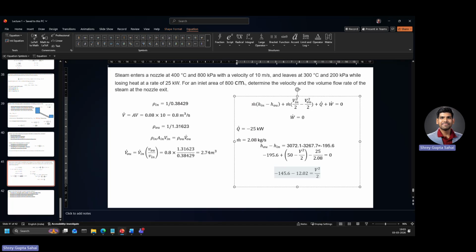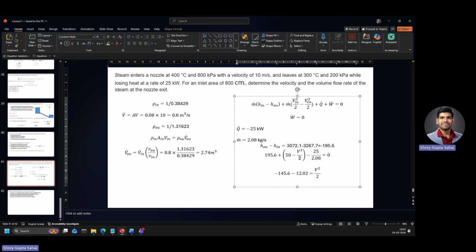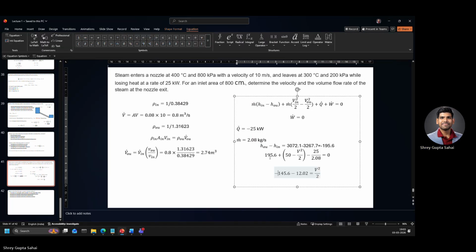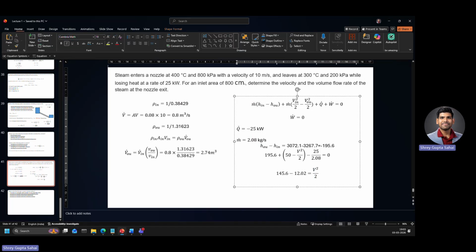So this gets added up to become 245. Now 245 minus 12 is 233.58. And now V square is 467.